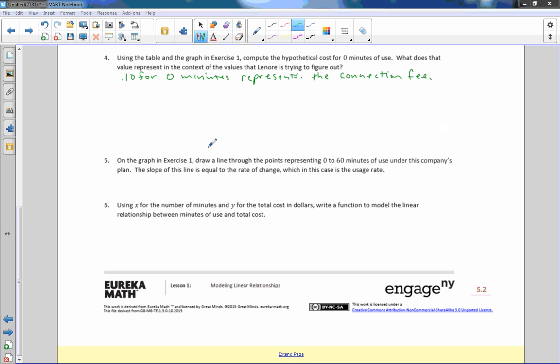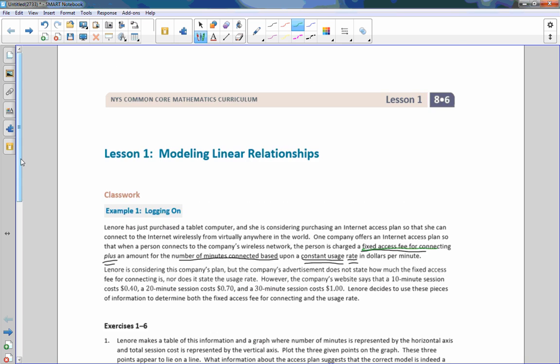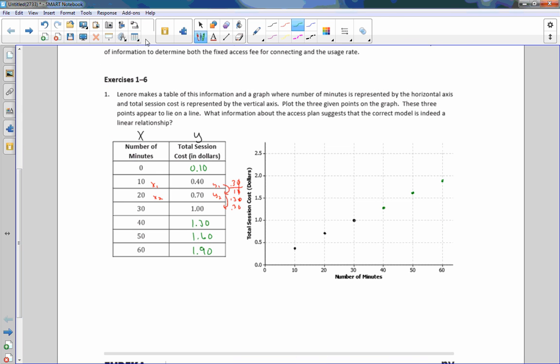Okay, number 5, it says on the graph in exercise 1, draw a line through the points representing 0 to 60 minutes of use under this company's plan. The slope of this line is equal to the rate of change, which in this case is the usage rate. So they want us to draw a line through all these points.